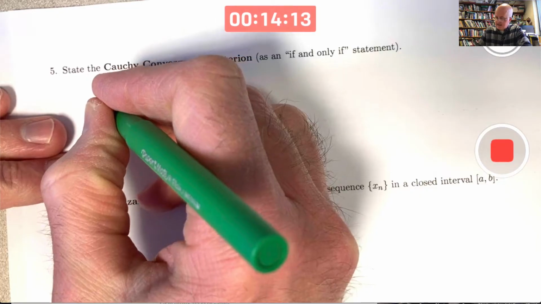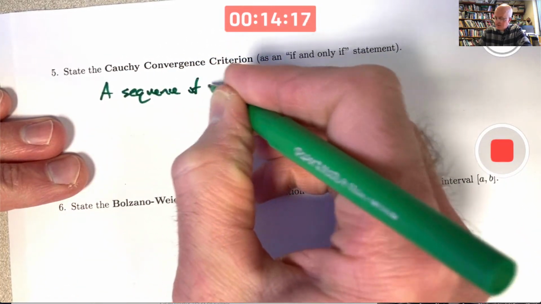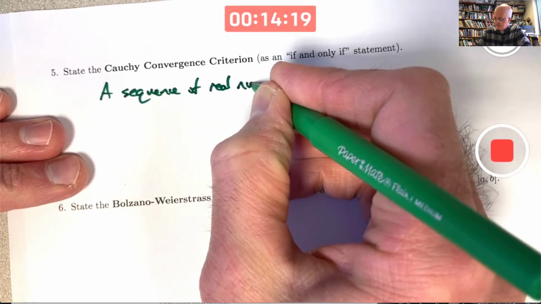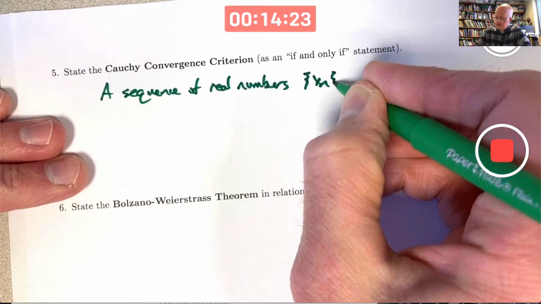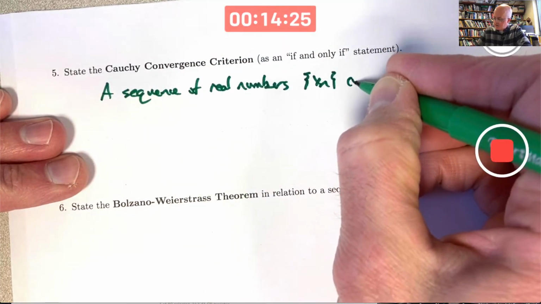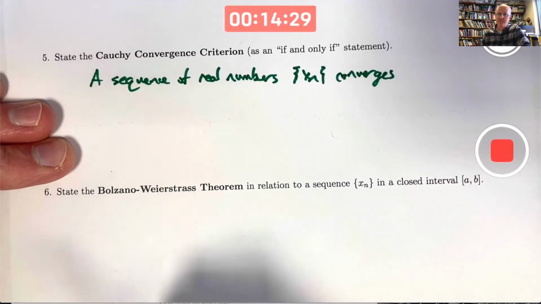It says a sequence of real numbers Xn converges to some number L. I'm not going to bother writing that down.